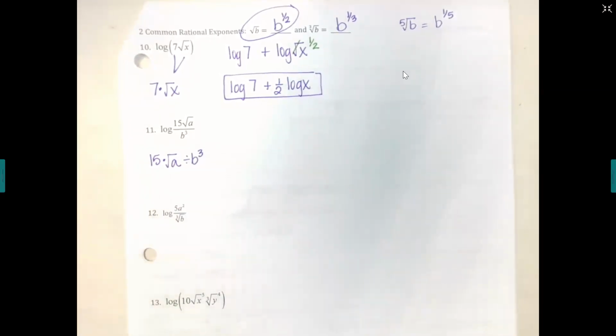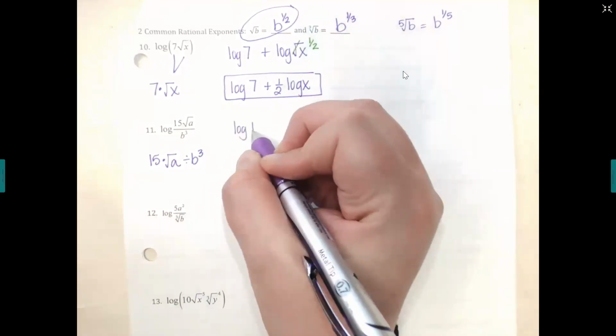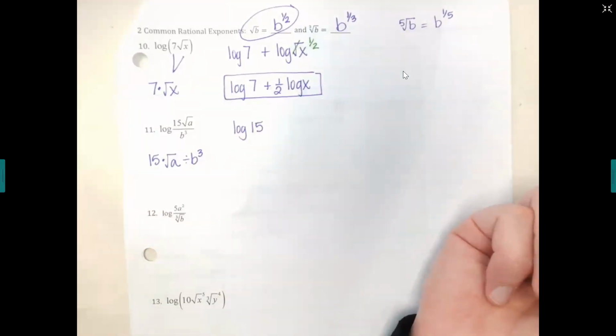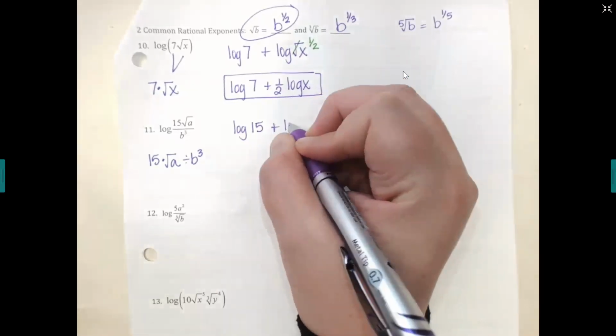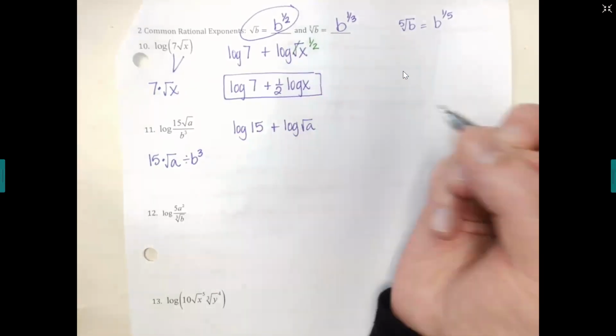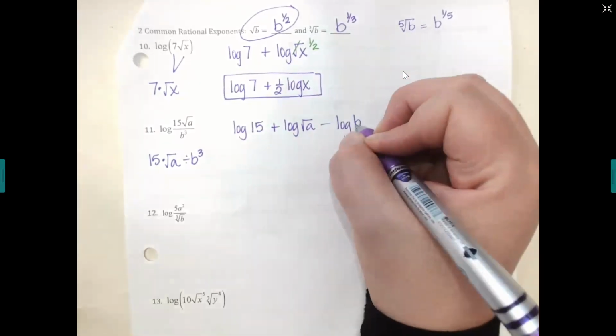And so then remember, multiplication splits into addition. Anything divided becomes subtracted. So it would be log 15 plus log root A minus log B cubed.